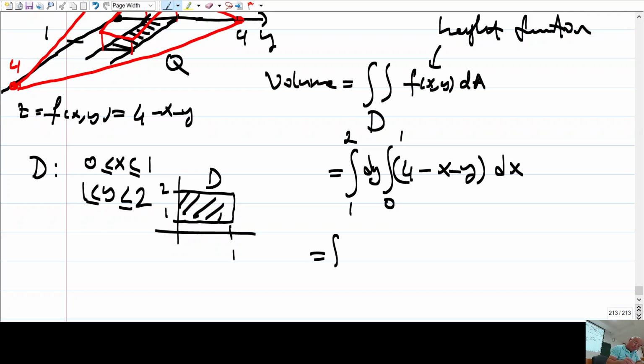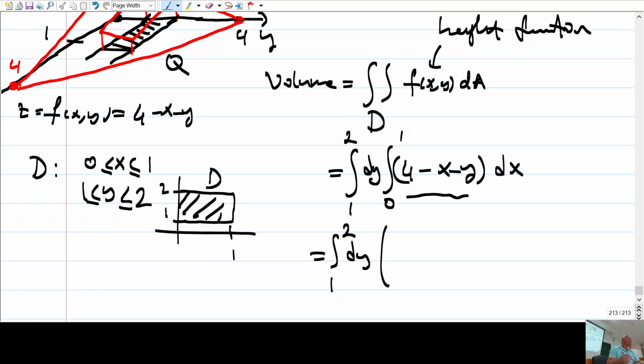Let's do that. 1 to 2 dy. What is this? Integral of this expression with respect to x. I will regard y as if it's a constant because x is my variable, so y is considered a constant.